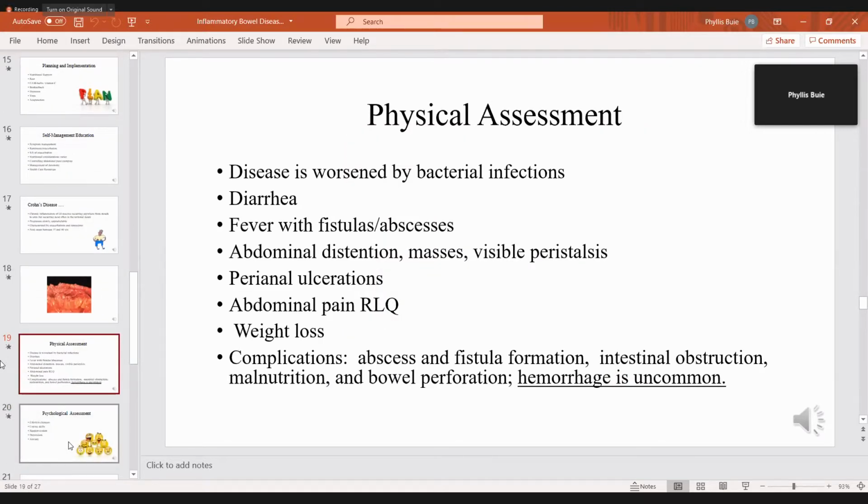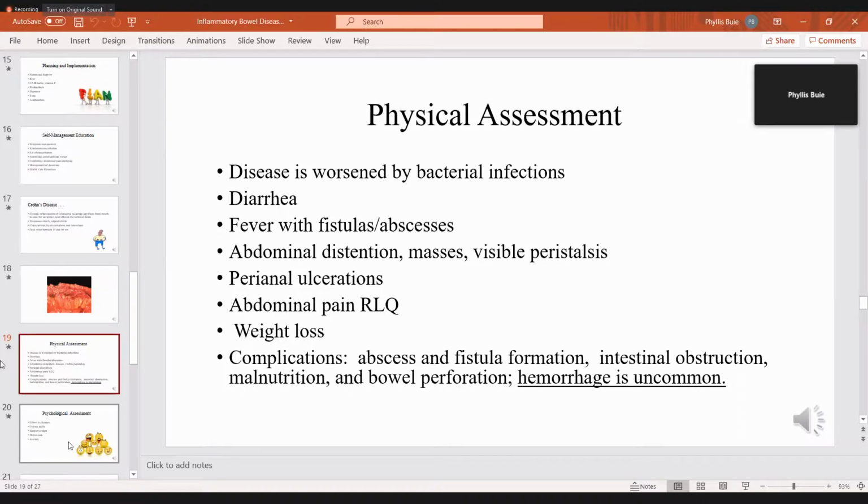So what are we going to look for whenever we are assessing the patient? Well, we know that it's worsened by bacterial infections. So if they have some type of a GI bug or an infection in their GI system, or maybe they've been to the lake and they were swimming in the water and they got water in their mouth, now they have Giardia, which is an infection that's caused by dirty lake water.